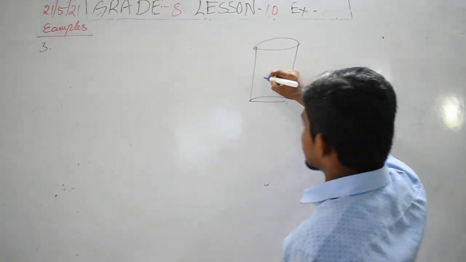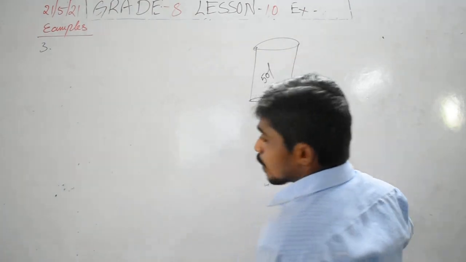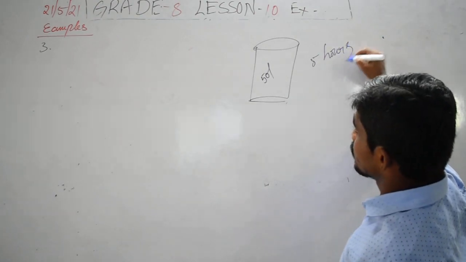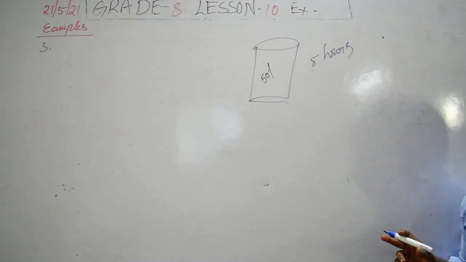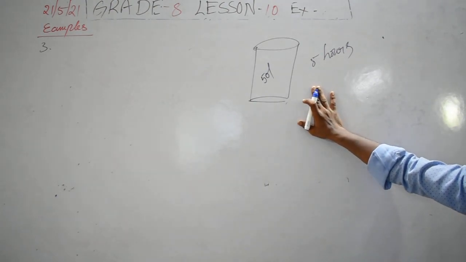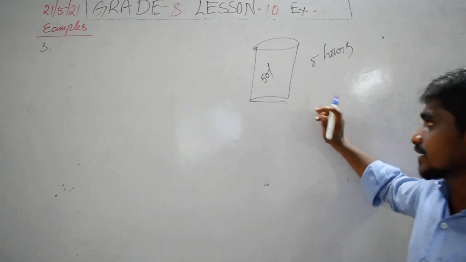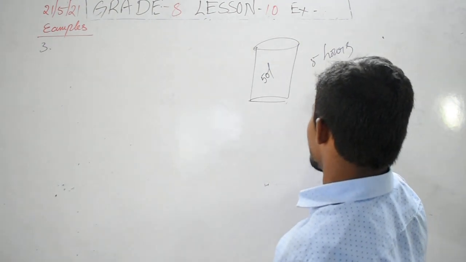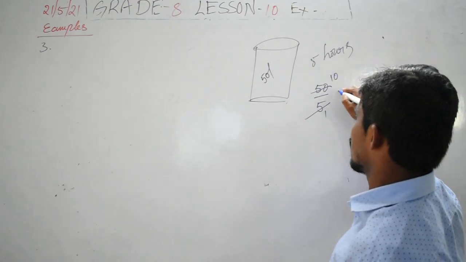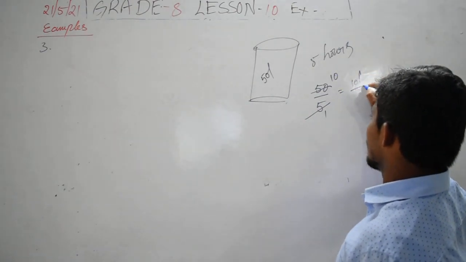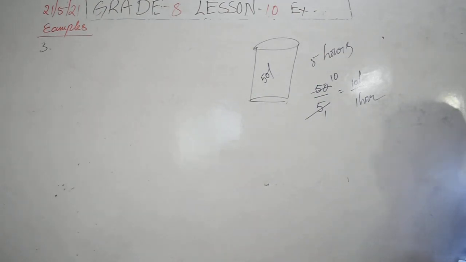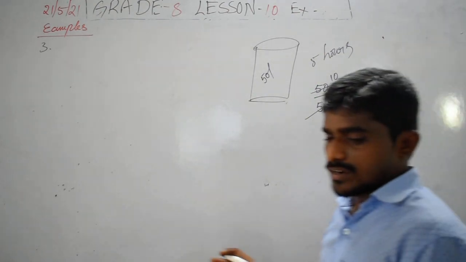It has a 50 liters capacity and needs 5 hours. So easily we can find 1 hour, how many liters? 50 by 5, 5 10s are 50. So 10 liters in 1 hour. In 1 hour, 10 liters of water is filled.